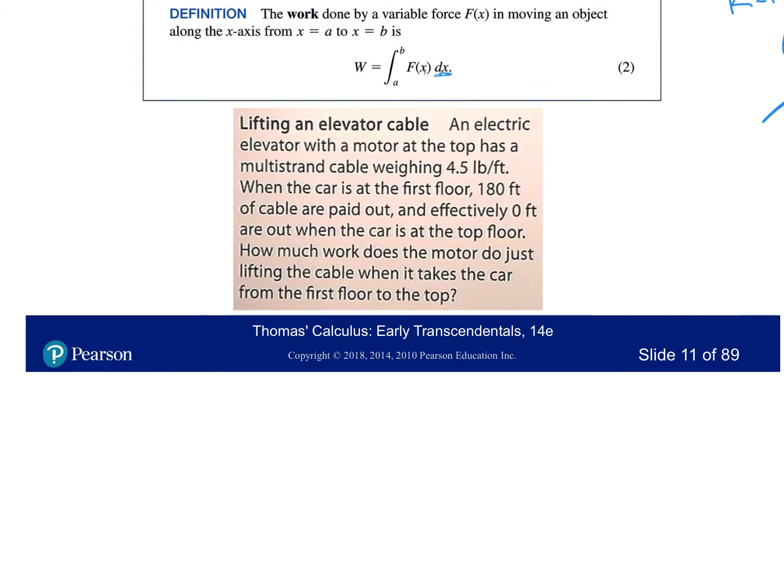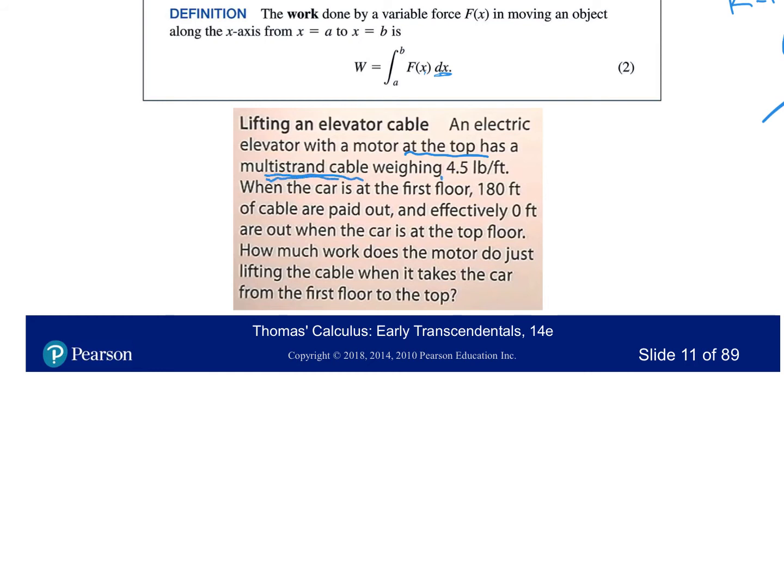Okay, so let's do our first one here. Lift an elevator. An electric elevator with a motor at the top. I didn't understand if they meant top of the elevator or top of the elevator shaft. I wasn't really sure. I drew the picture both ways yesterday. When I read it closer, I think he has the motors at the top, perhaps. It has a multi-strand cable weighing 4.5.